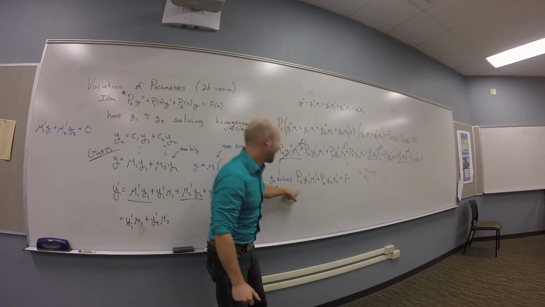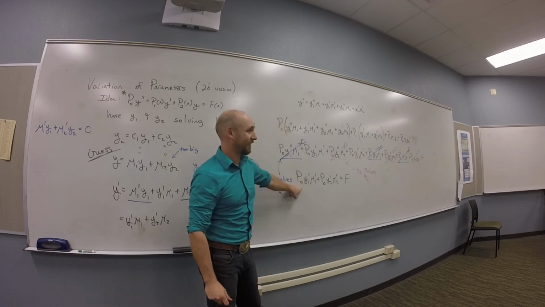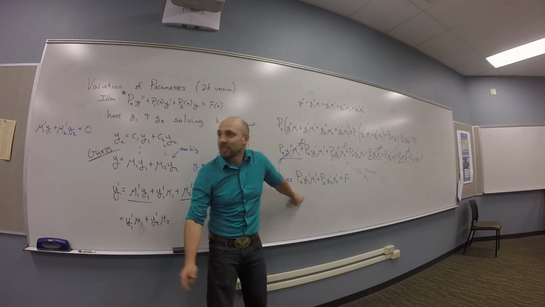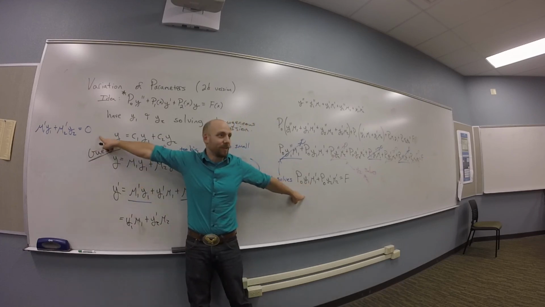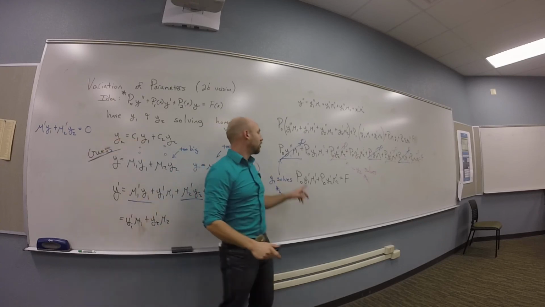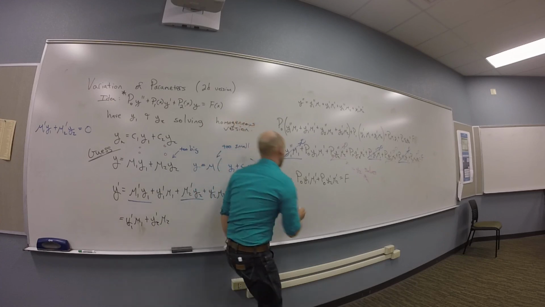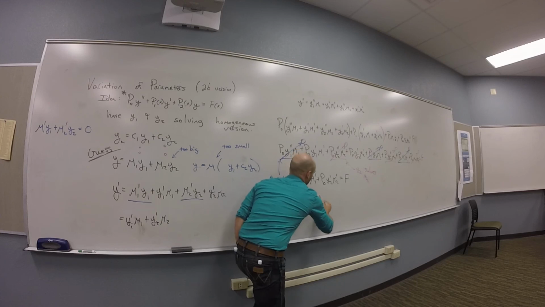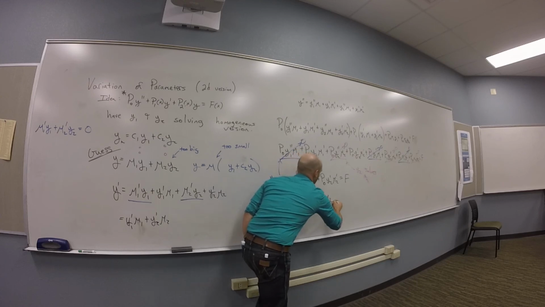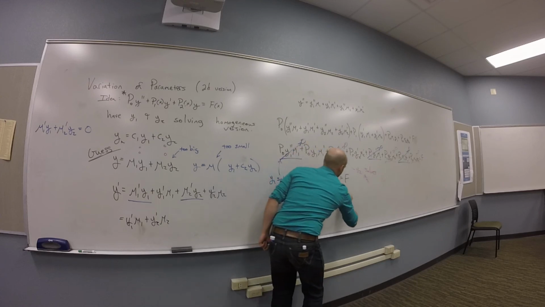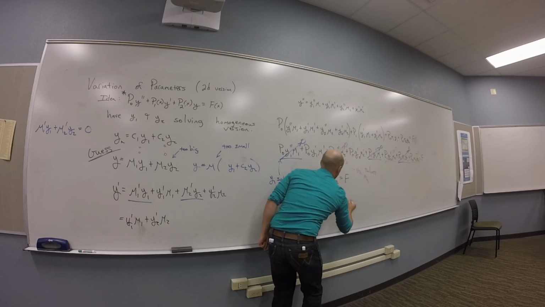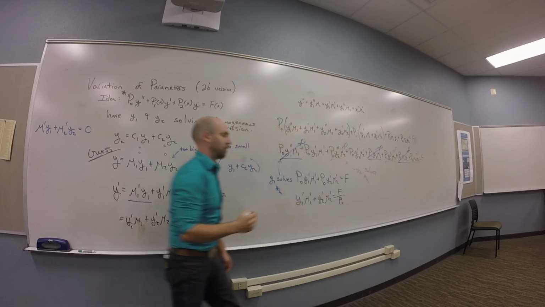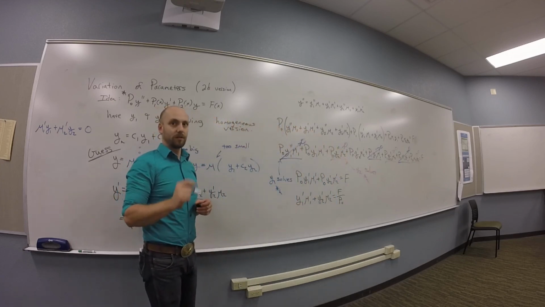Okay, so right here you end up with this other thing, which bears some superficial resemblance to the thing we started with. You guys see that? Divide this through by p0. So you get y1 prime mu1 prime plus y2 prime mu2 prime is f divided by p0. You guys cool with this?